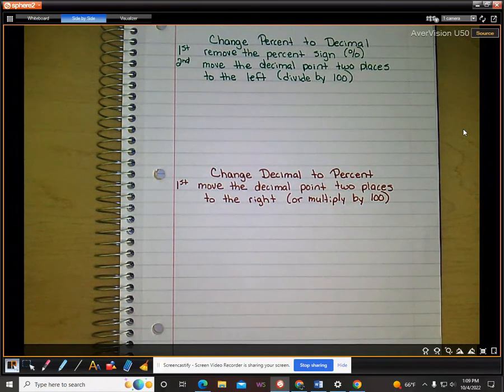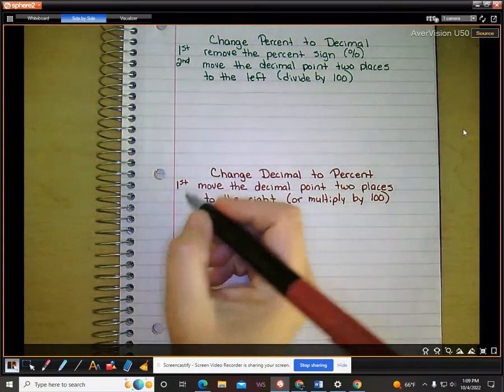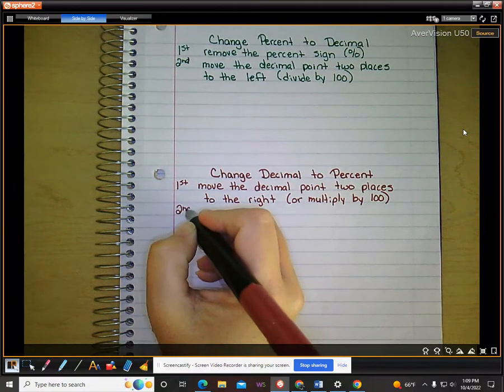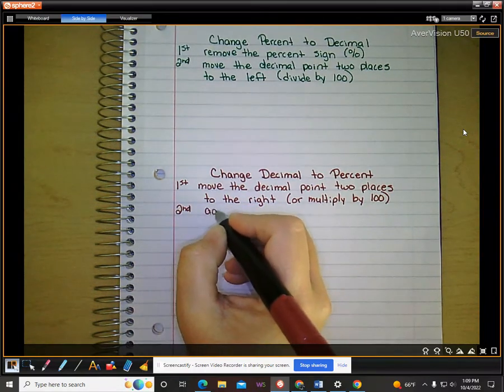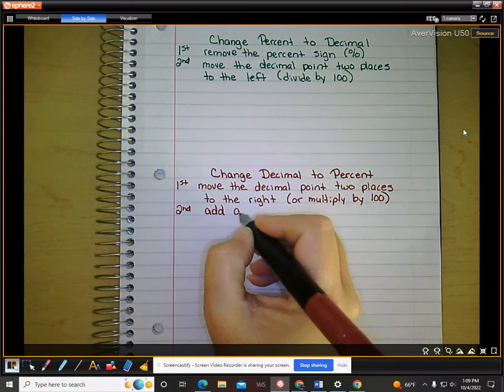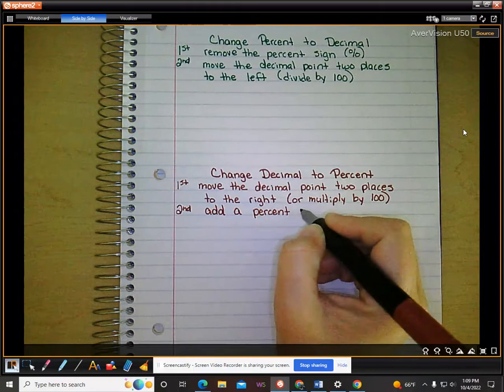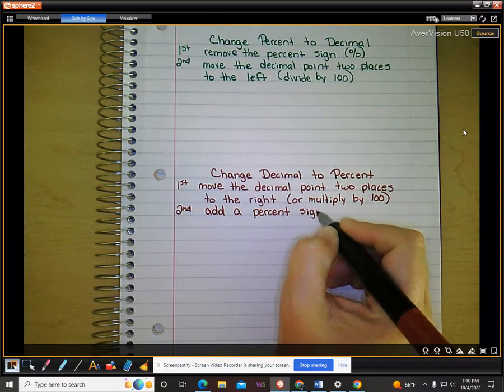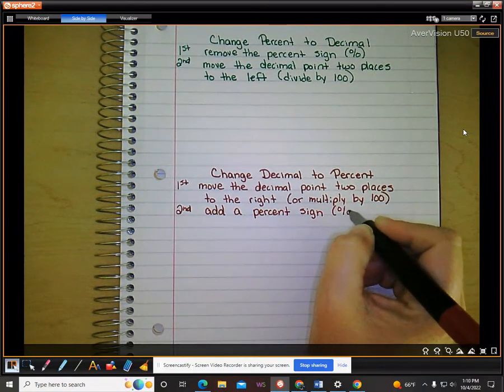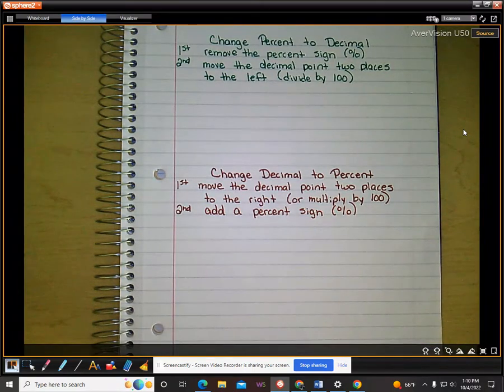So for a decimal to go to a percent, you're moving it 2 places to the right. Then, in order for it to be an actual percent, you must add a percent sign. And again, that's what it looks like if you've forgotten.